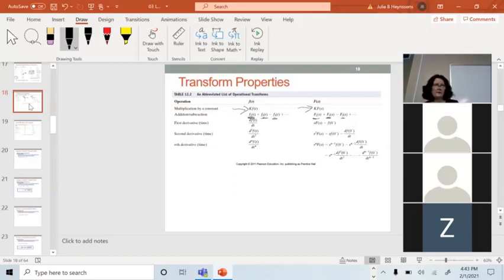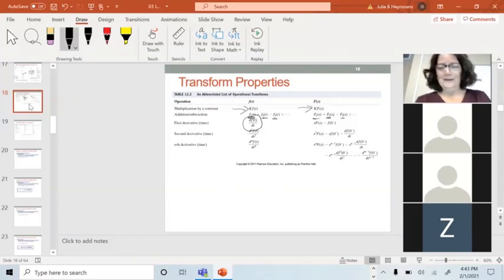The first derivative in time, you'll use this in 325, and you'll use it a little bit in the 280 lab. If I want to take the derivative of a function, the derivative of f of t with respect to t, I can do this without doing calculus. This is why I like these things.